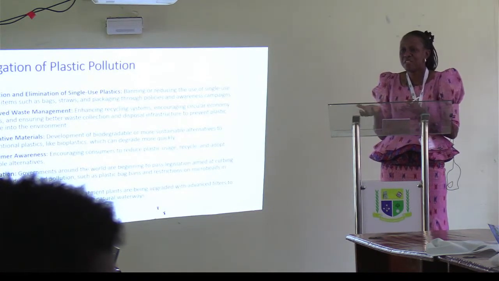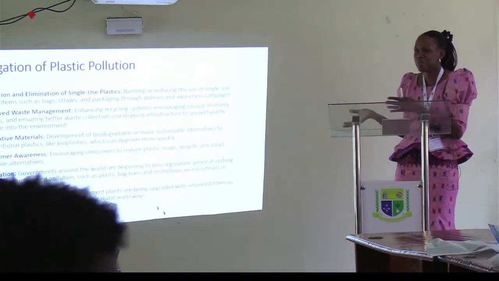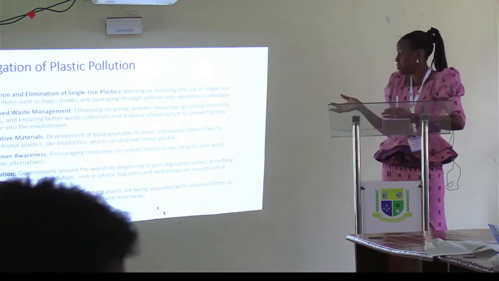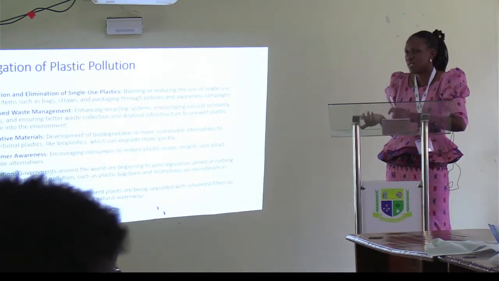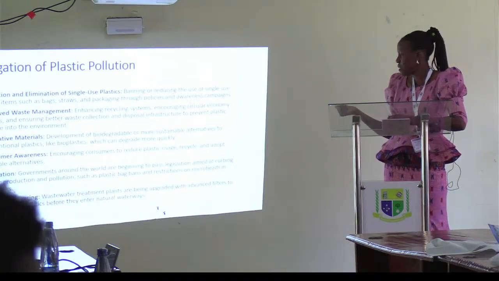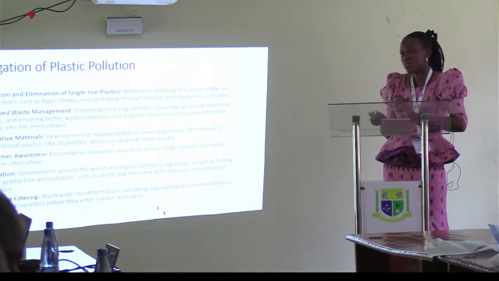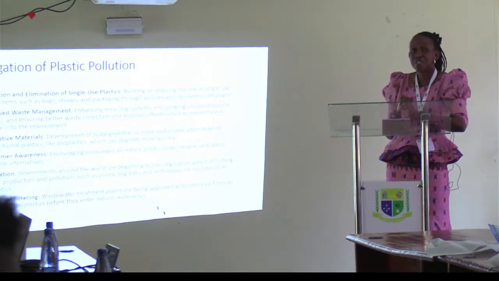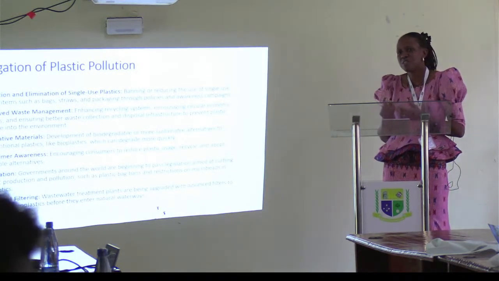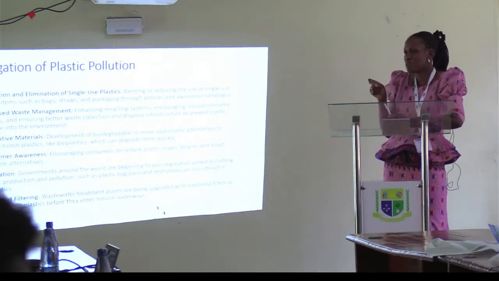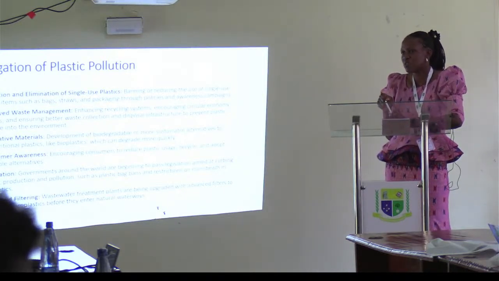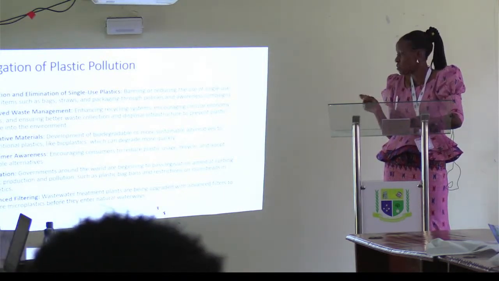We have done nothing, because we are still producing the same polythene bags which are going to end up within the environment. Then advanced filtering, where we upgrade the wastewater treatment such that the filters we are using can even remove those small sizes of plastic within the water that we are using.